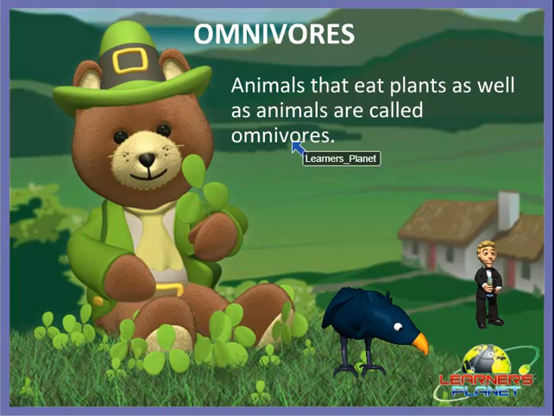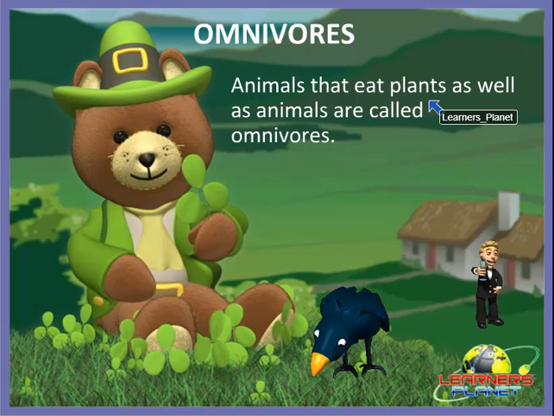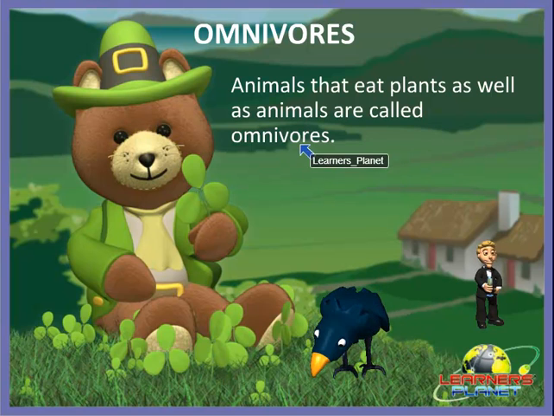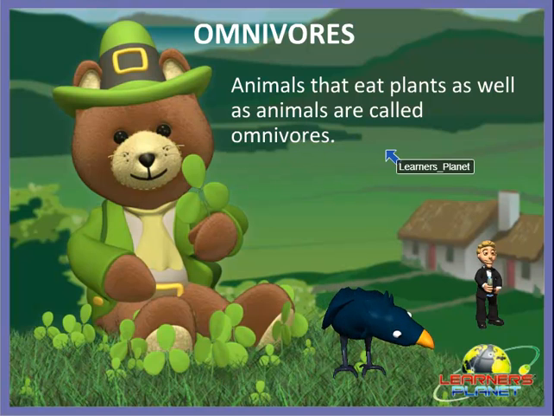Okay, so always remember that animals that eat plants are called herbivores. Animals that eat only flesh of other animals are called carnivores, and the animals that eat plants as well as flesh of other animals are called omnivores.